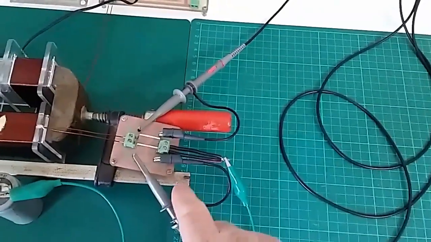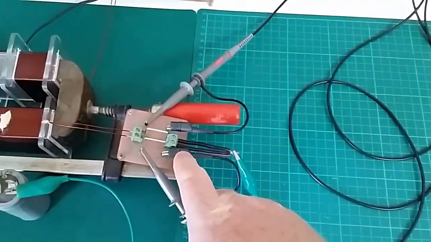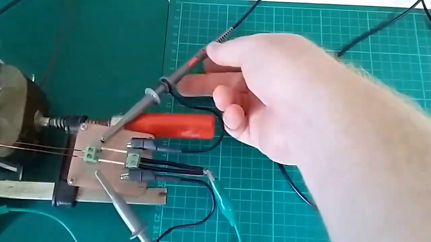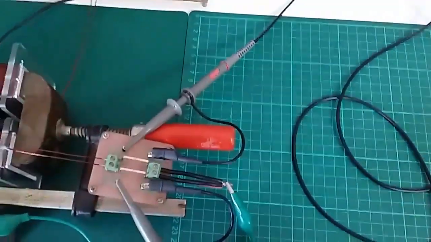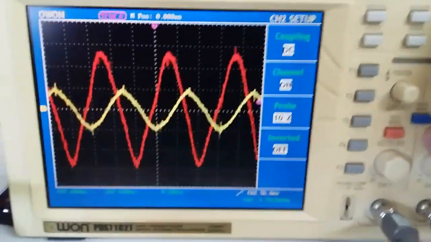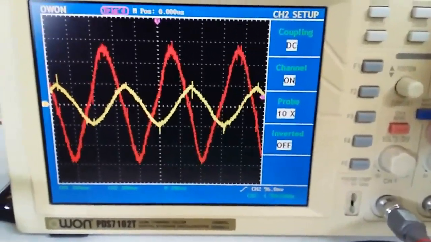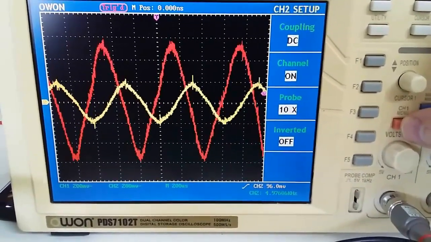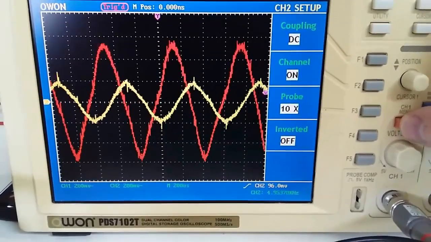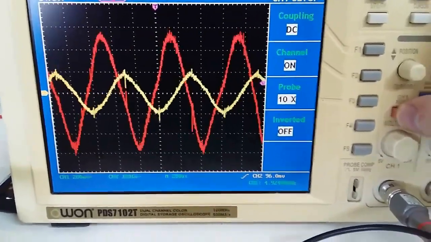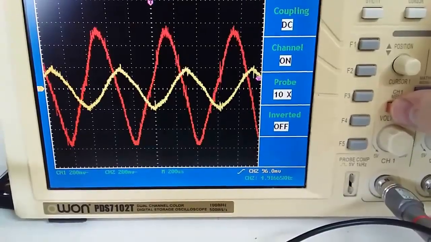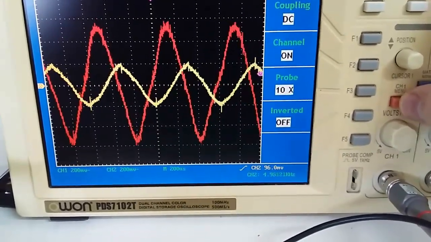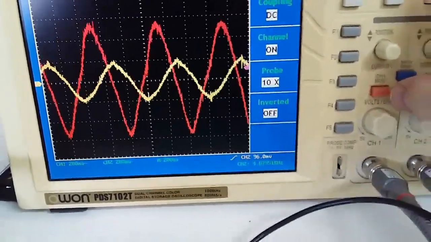Again we're measuring the current on this block. Scope probes set to 1 times, and again, we're set to 10 times on the yellow channel, DC coupling, non-inverted. And on the red channel now, channel 1, we are 10 times, non-inverted and DC coupling.